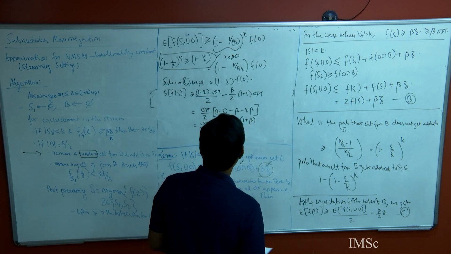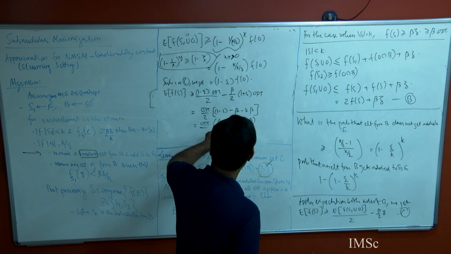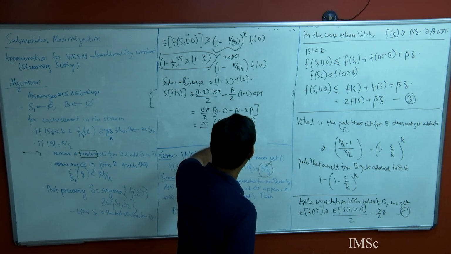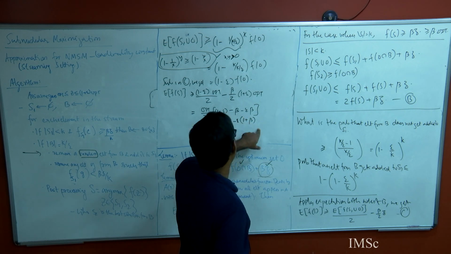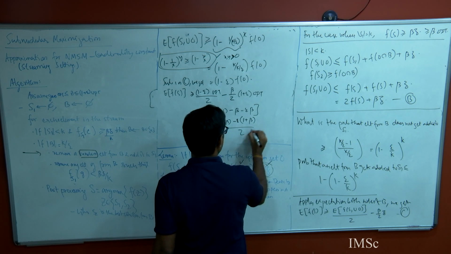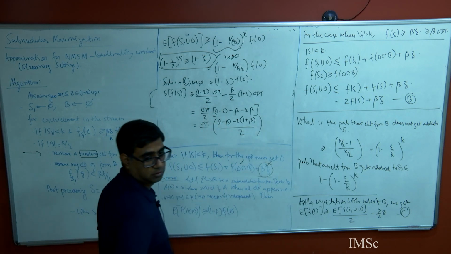Is that correct? So 1 minus beta, minus epsilon times 1 plus beta, by 2. This is what it is.